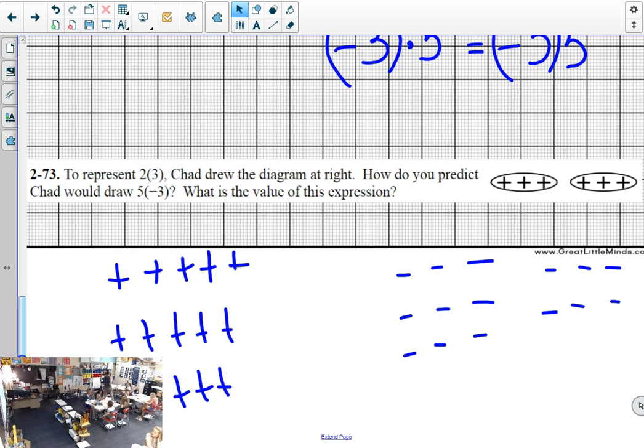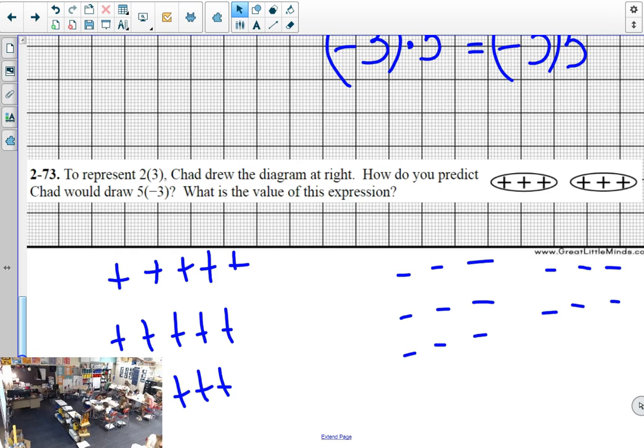Groupings. So it's really saying that this is how we can represent groups of positive values.